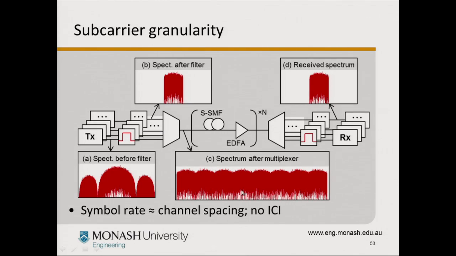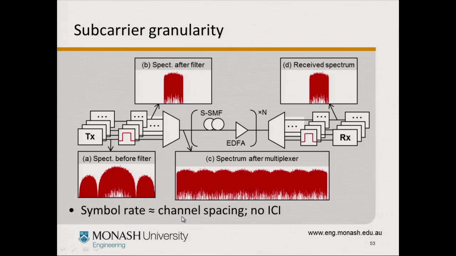In a practical system, probably you need 5 to 10%, but this is an idealized lab test, so we didn't need that. And what I did was I changed the subcarrier spacing and hence also changed the baud rate. So I maintained the spectral efficiency to be constant, and I used a QPSK modulation format. This is a numerical simulation, by the way.